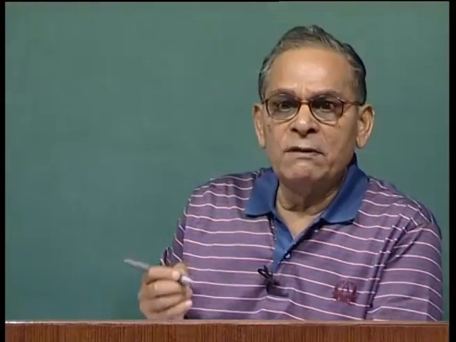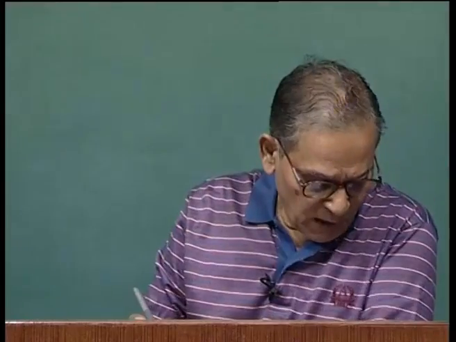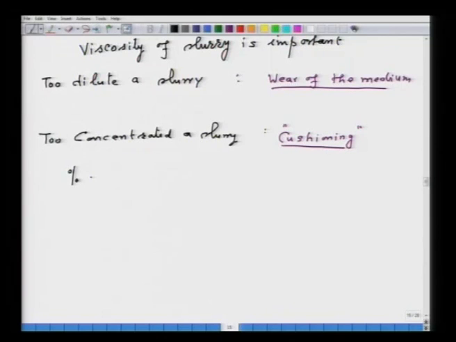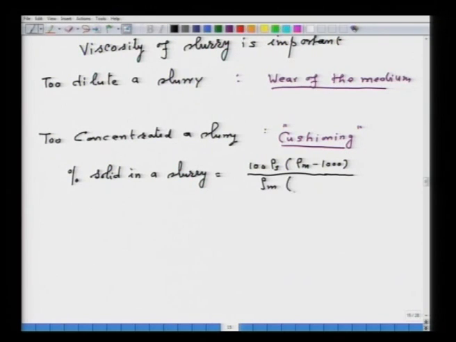Now, as you recall, in my stoichiometry lecture I gave you the formula. I will just write it over here straight away. Percent solid in a slurry is equal to 100 times rho s upon rho m, minus 1000, divided by rho m into rho s minus 1000.